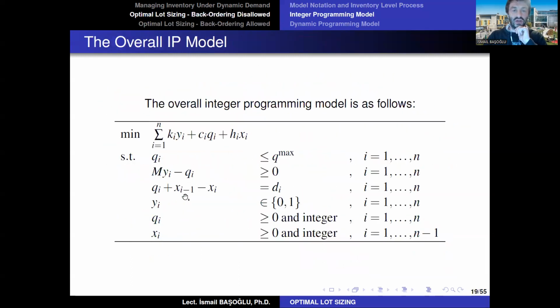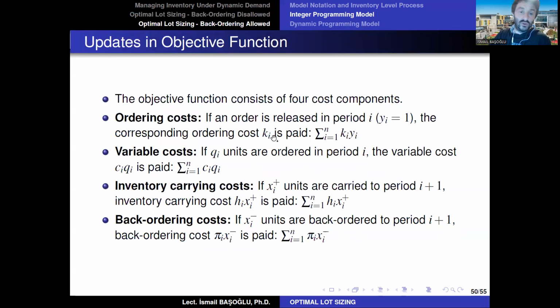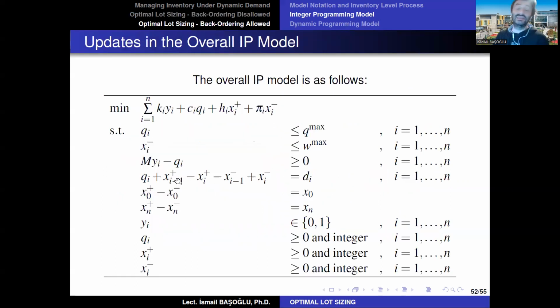This is how we constructed qi plus xi minus 1 minus xi is equal to di. So this is basically creating a dependence between the ending inventory levels of consecutive periods. Now, the ending inventory levels of consecutive periods this time are expressed as the difference of two non-negative decision variables, if you remember.